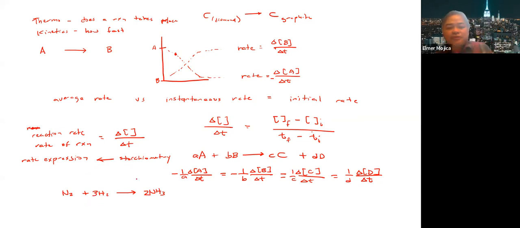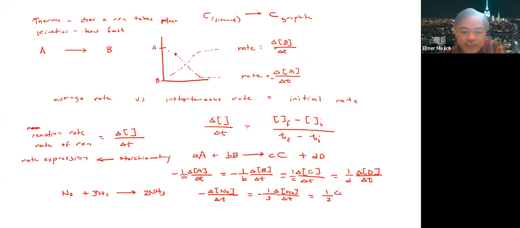So if we're going to write the expression here, we could say that for every change in the concentration of nitrogen, that is equals to 1/3 the change in the concentration of hydrogen with time, and that is also 1/2 the formation of NH3 with respect to time.